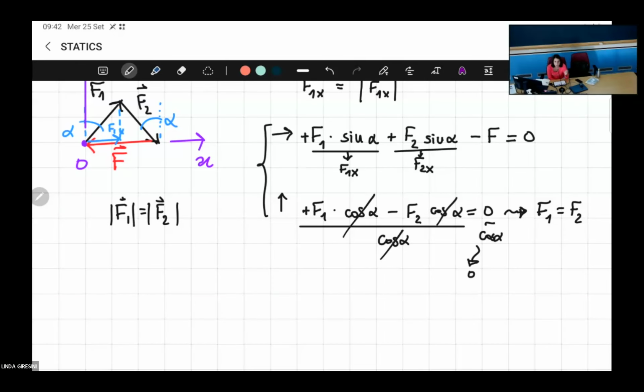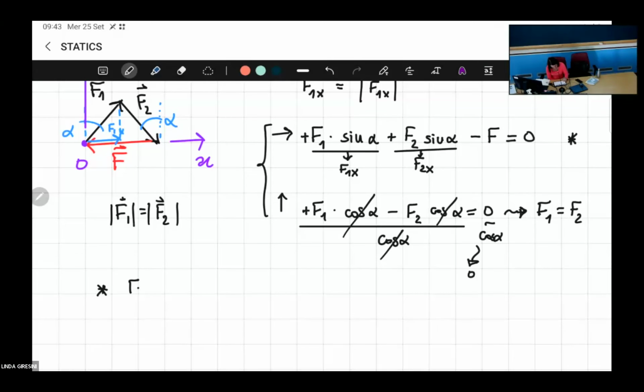Generally, from two equations, we start by solving the simpler one, and then we substitute the unknowns. So now we take the first equation here, and we have that F1 is equal to F2.